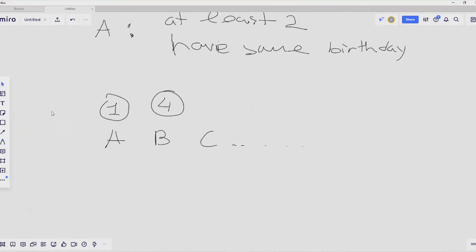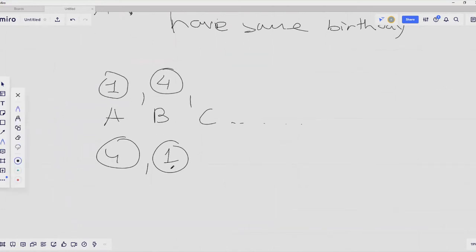Now drawing a sequence 1, 4 is different from drawing a sequence that starts from 4 and is followed by 1, since that sequence will correspond to Aigerim being born on 1st of January and Big Sultan being born on 1st of January, as opposed to Aigerim being born on 1st and Big Sultan being born on 4th.